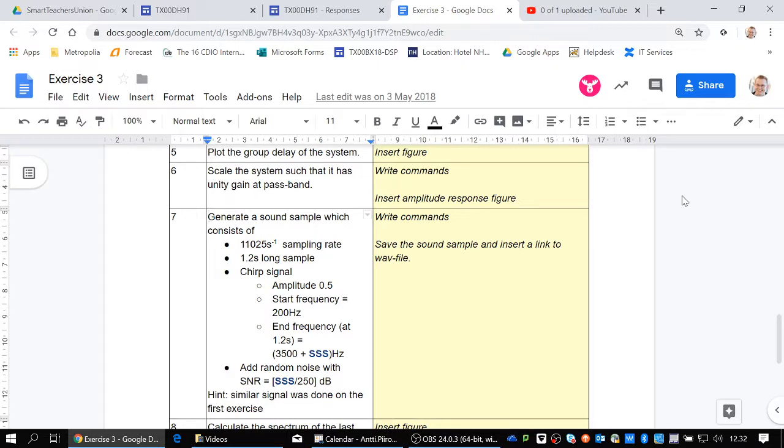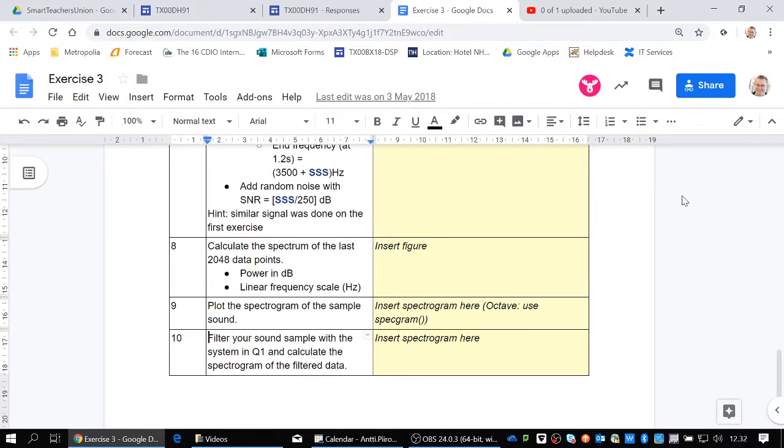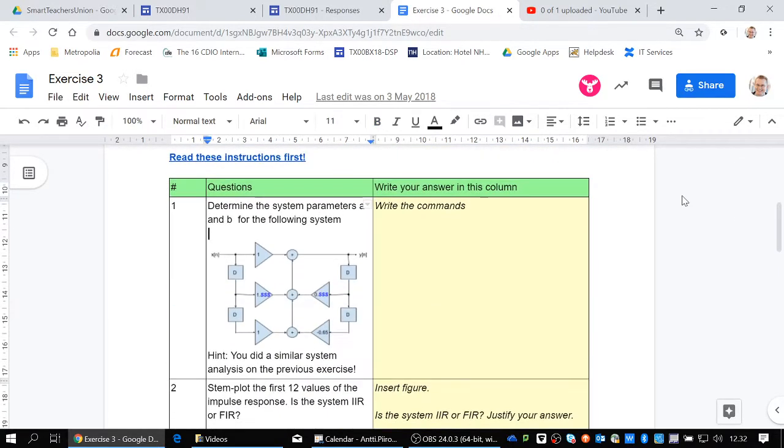And then adding some random noise. And so on. And calculating the spectrum of the last 2048 points, not the first, but the last ones. And then a spectrogram. Then filtering the sound sample with the filter of the system defined in the first question. Quite a nice package.